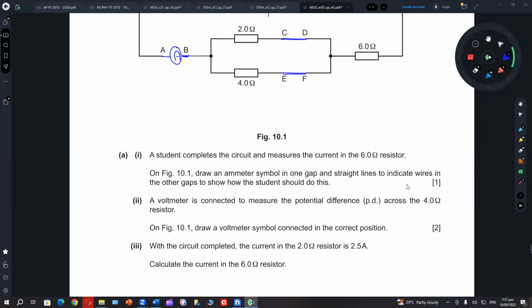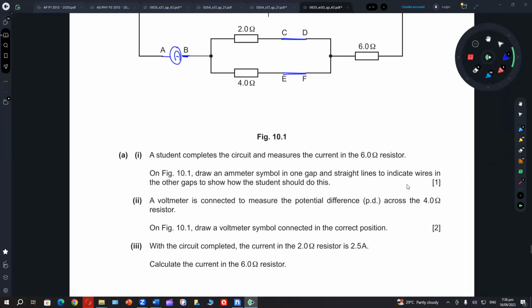Why have I put an ammeter here, first of all? Why not CD? Why not EF? When I want to find the current in the 6 ohm resistor, why do I put the ammeter here? Please answer. Ammeter is in series.